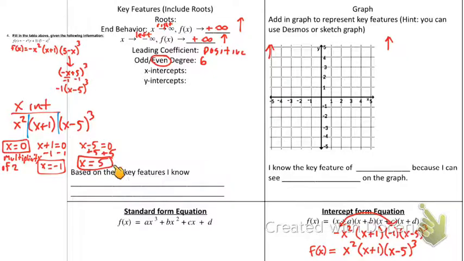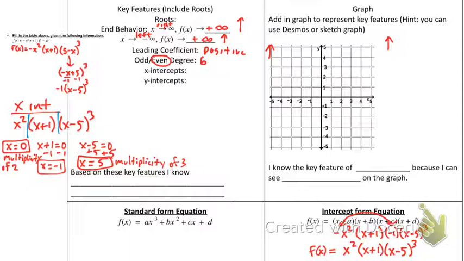So this guy repeats 3 times, which means we have a multiplicity of 3. That just lets us know that he repeats 3 times. Okay? And that's going to help us for when we graph. Does it cross? Does it bounce? Remember the odd even?